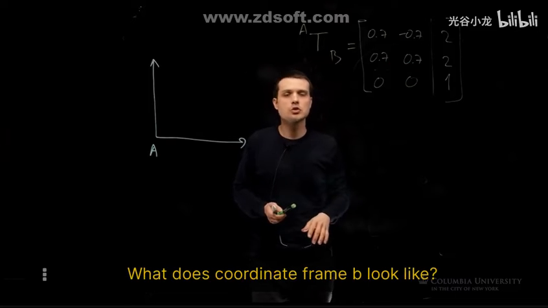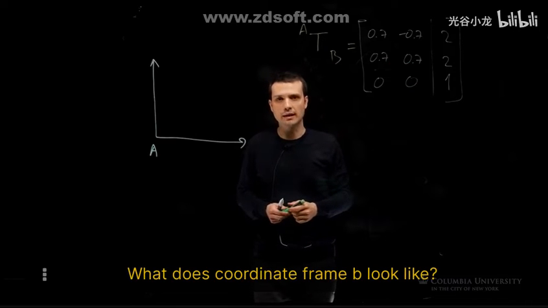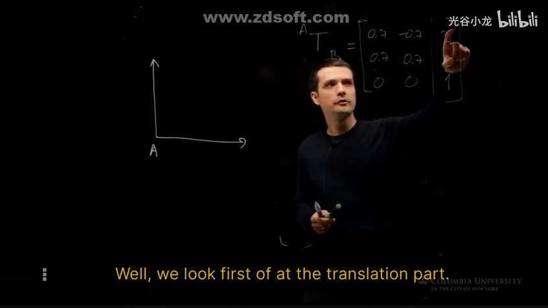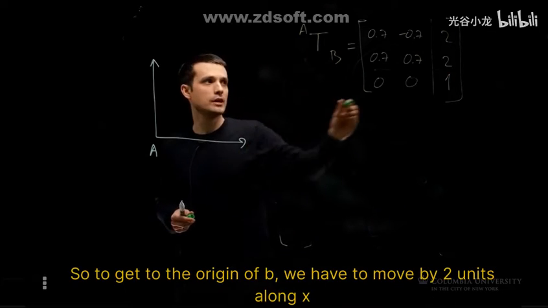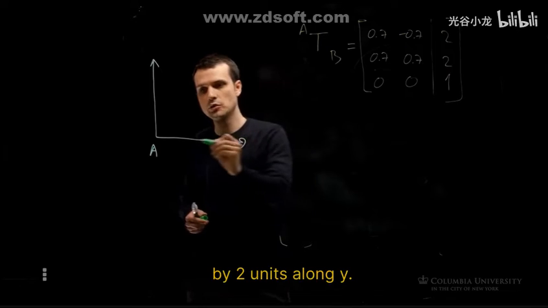What does coordinate frame B look like? Well, we look first at the translation part. So to get to the origin of B, we have to move by 2 units along x by 2 units along y.